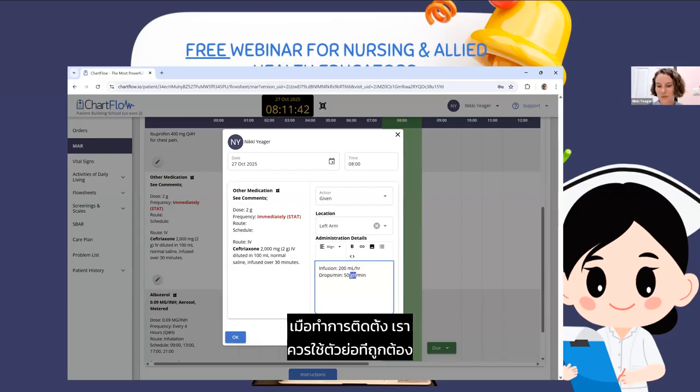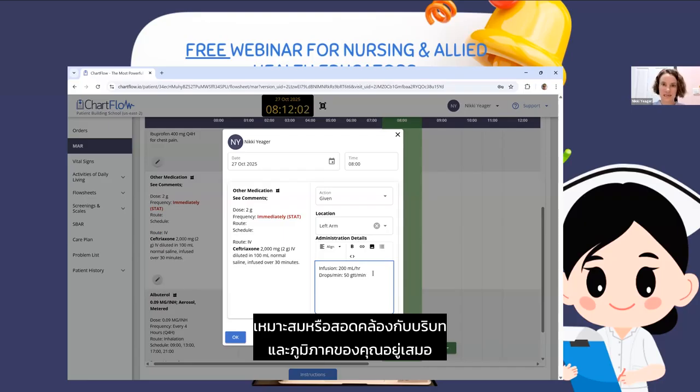When they're putting this in, we should be using proper abbreviations. So if you'd like them to use GTT as their abbreviation, they're going to go ahead and put that in. We should always be writing in the terminology that you want your students to use or that facilities near you use. So make sure that they're always keeping good terminology appropriate for your setting and your region.